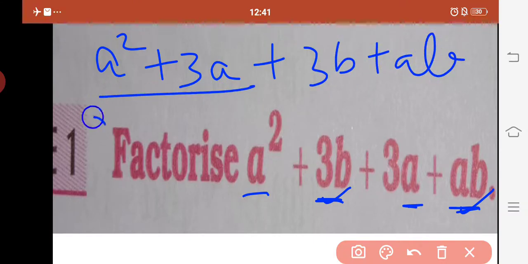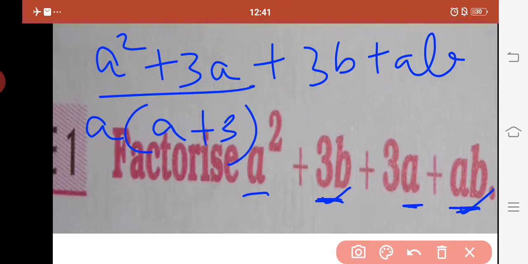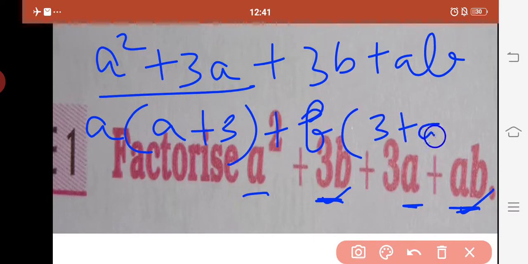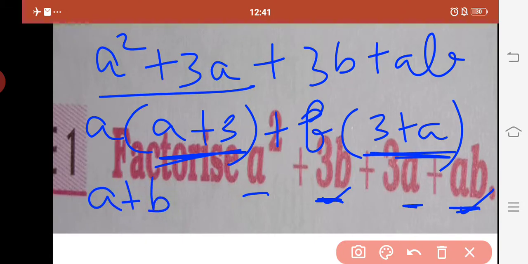Now taking a as common, we have a into a plus 3, plus b as common, we have b into 3 plus a. Now see, when we have taken out the common factor, whatever is in the bracket is the same. So we have a plus b and the other one is a plus 3.